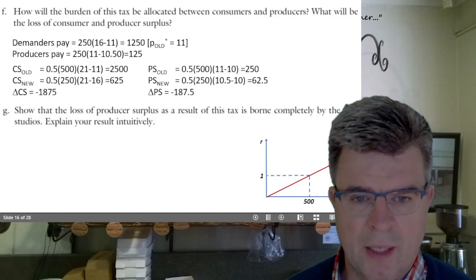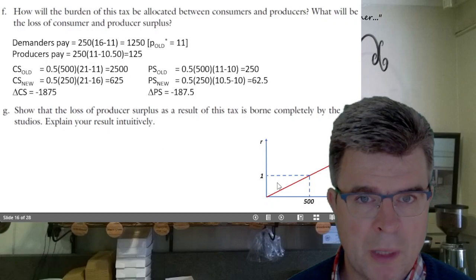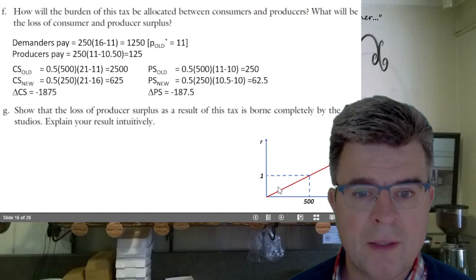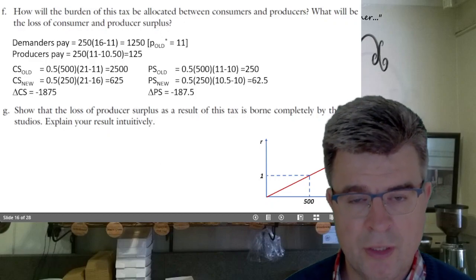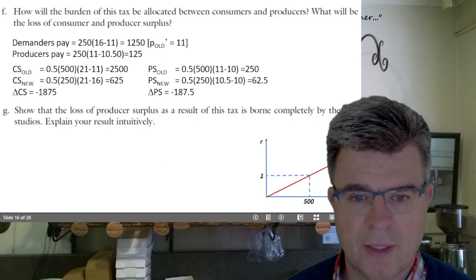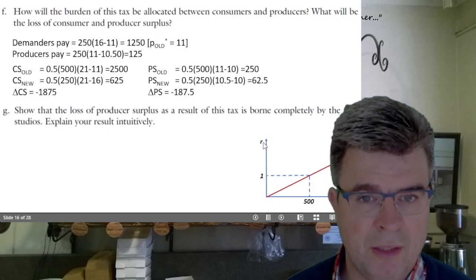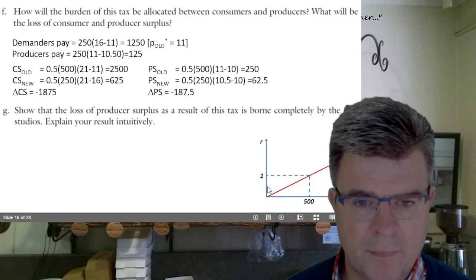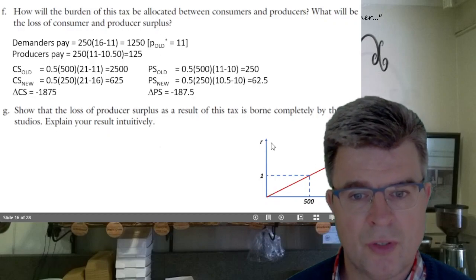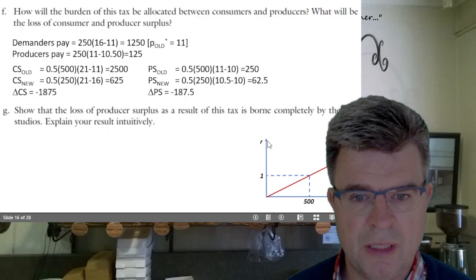So here again, I put up the supply function for the copying rights. This is not the final consumer market for the videotapes, but this is for the copying rights, where the price that the film studios receive is R, the royalty rate, and the quantity that they supply is a function of the royalty rate that they receive.